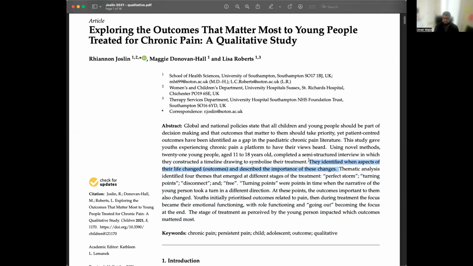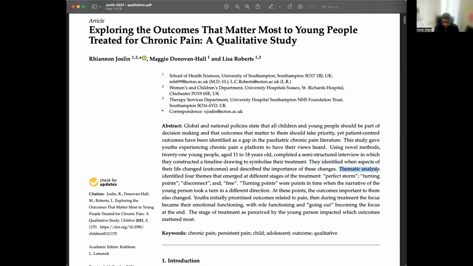This is why this qualitative study is so interesting, because a randomized controlled trial would not tell you this from the perspective of young people with chronic pain. Talking to them, you'll be able to understand why their life changed and the importance of those changes to young people.